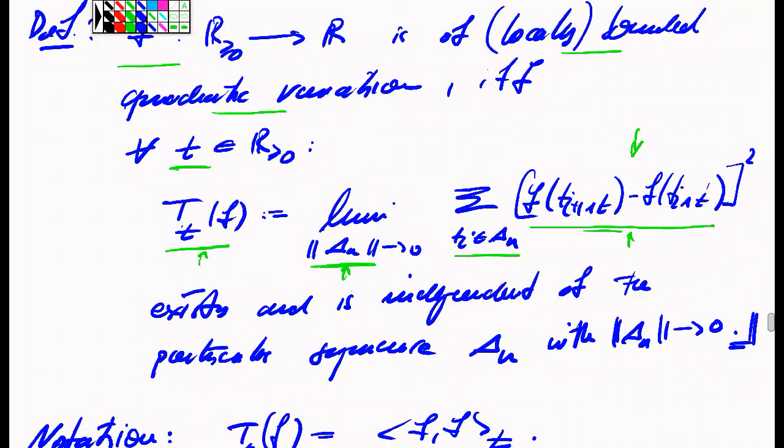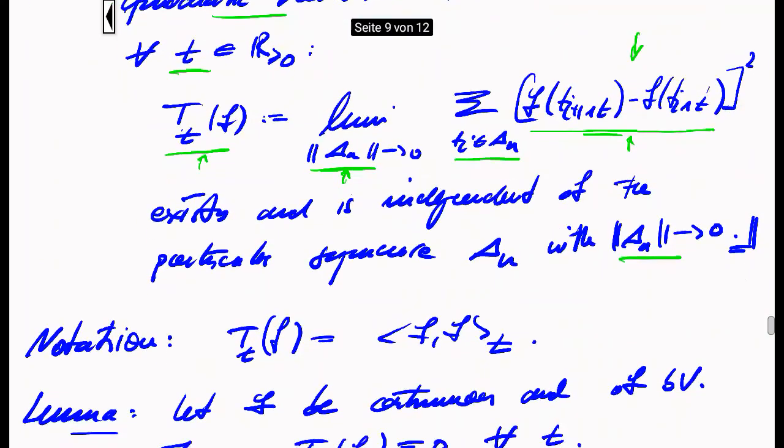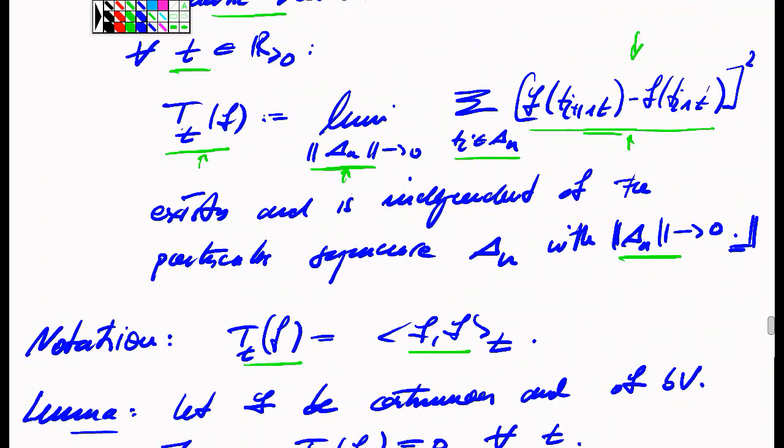Another notation for this quadratic variation is this double bracket, because this is a quadratic operation, so it's some sort of a square operation after all, and the bracket notation will be used later on exclusively.